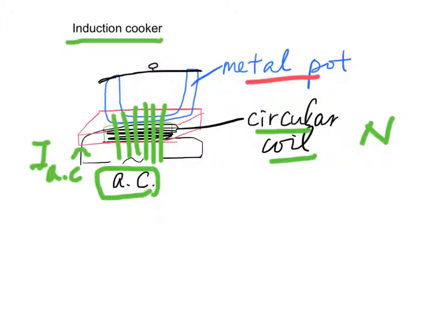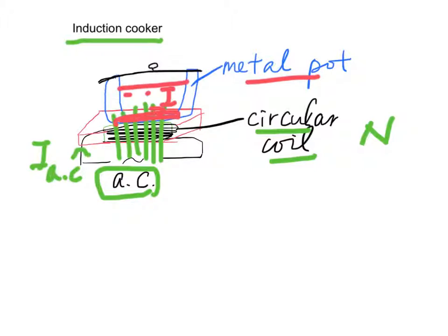By Faraday's law of induction, there will be an induced EMF in the metal pot, or we say there are eddy currents flowing in the metal pot, and this eddy current will heat up the metal pot.